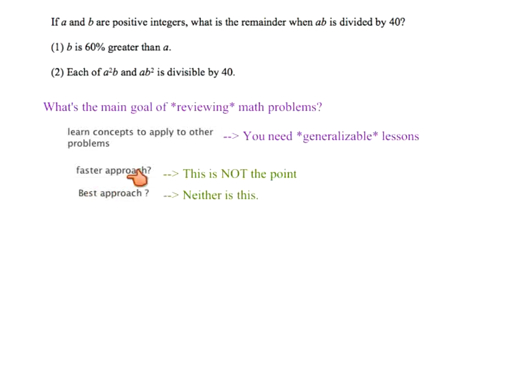If something is the fastest approach on one problem, that tells you absolutely nothing about what will happen on any other problem later on. The fastest approach on one problem might be unworkable on another problem, or might be really slow if it does work. Same thing with whatever is the best approach. First of all, there's not really such a thing as the best approach in the first place, because if something solves the problem, then it's just as good as something else.